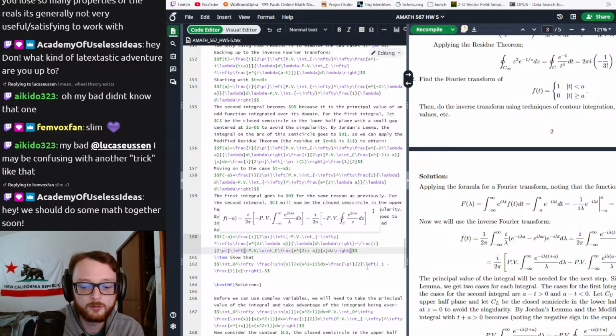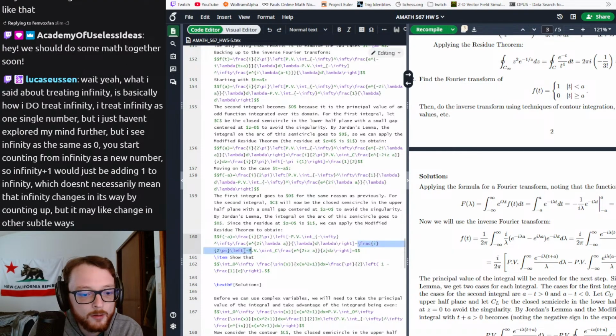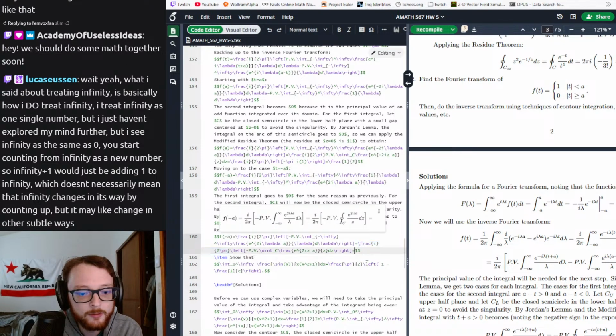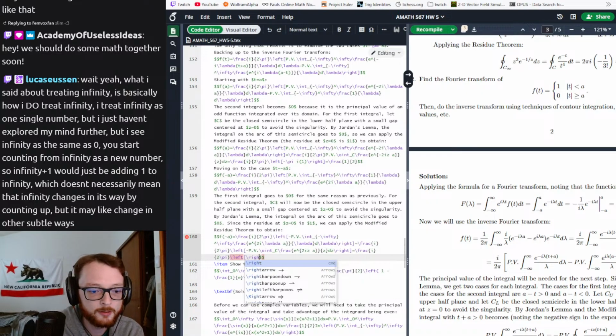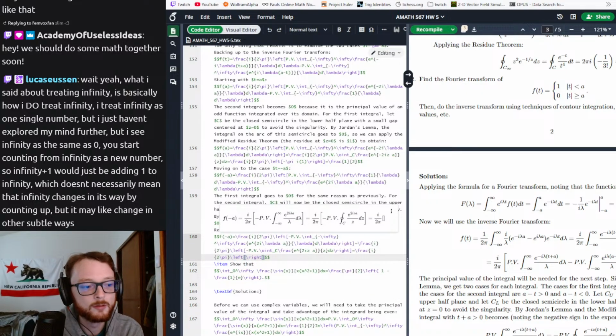And now it's equal to the fraction out front, slash left slash right, pi i minus pi i times the residue, which is 1. And this gets us 1/2 again.